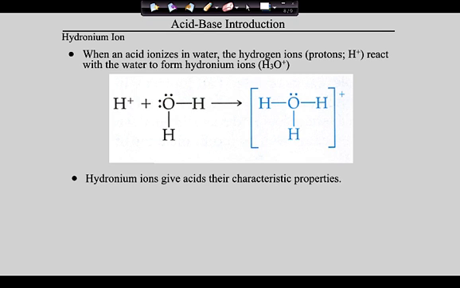Guys, this is, if you will, the active ingredient in acids. Sulfuric acid, H2SO4, is not dangerous. It only becomes dangerous when you put it in water. It gives away hydrogens to form hydronium ion, and it's the hydronium ion that's the corrosive stuff. But it's also the stuff that makes orange juice tart, because citric acid also gives away protons to water to form hydronium ion.